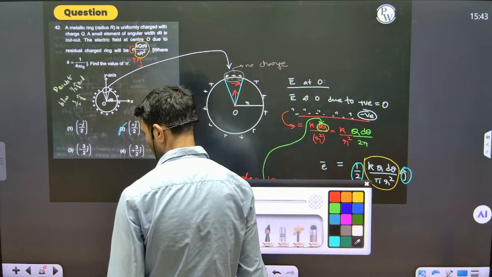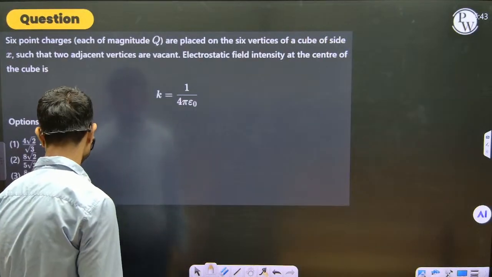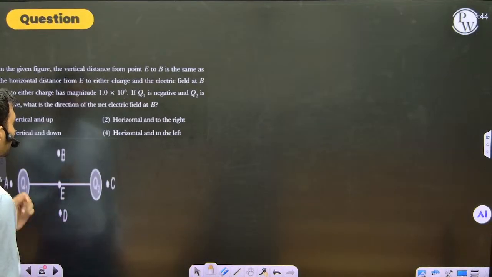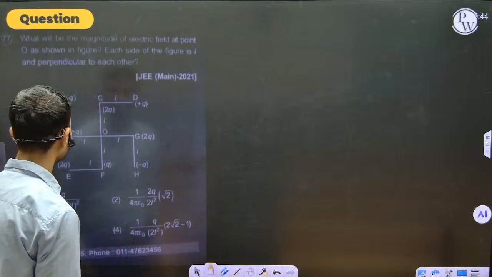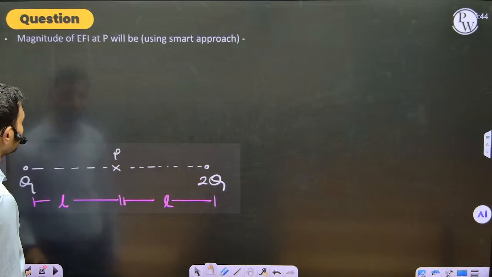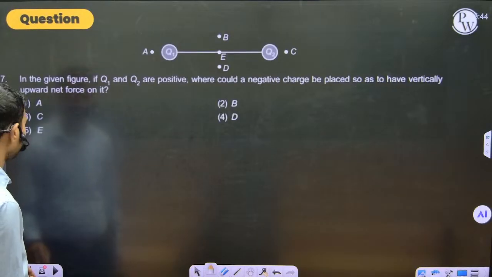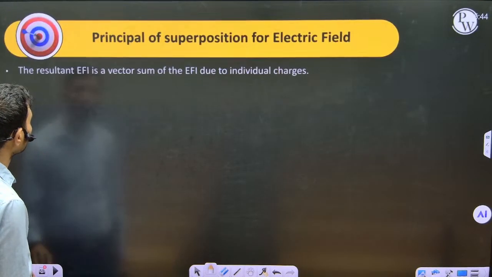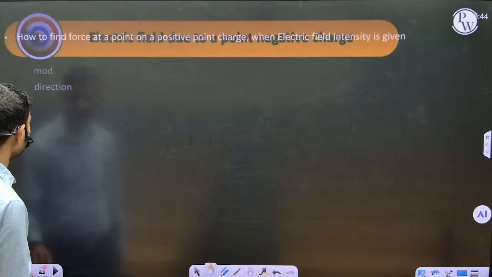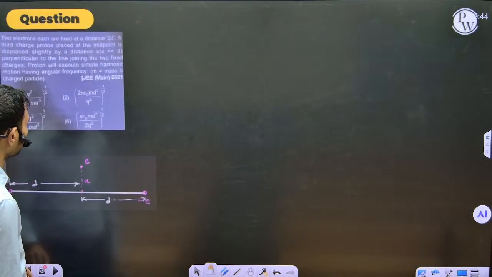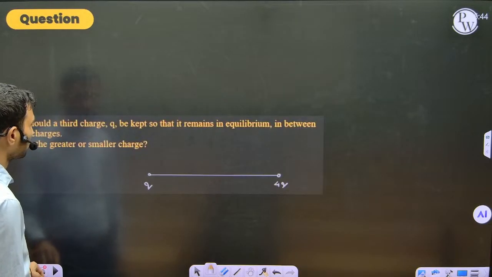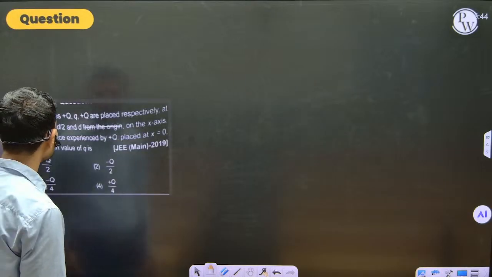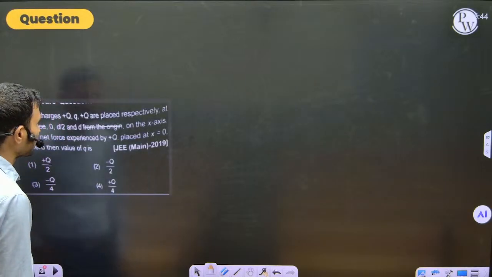So let's go ahead. Let's do this question. This is asked in JEE Mains 2019.